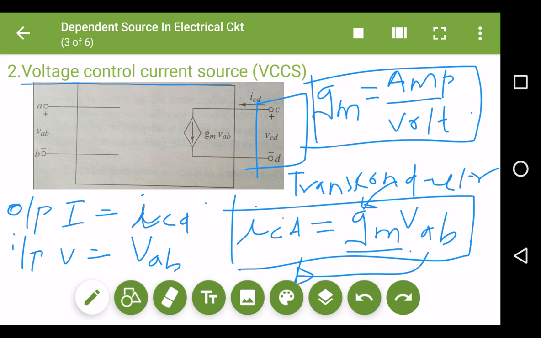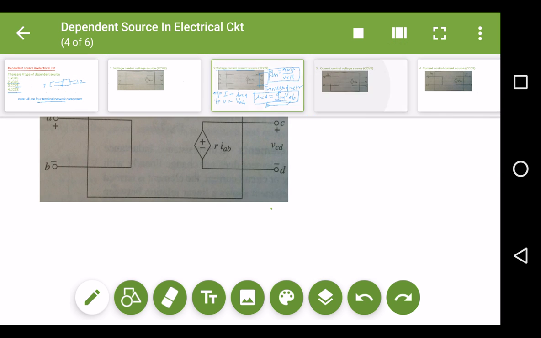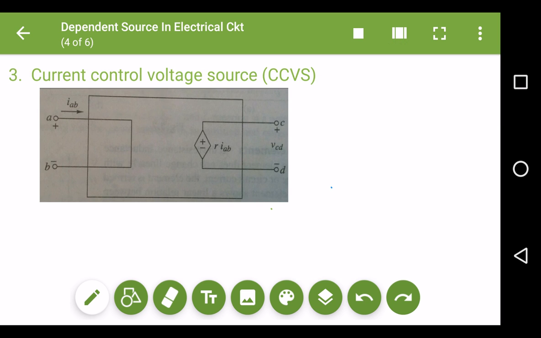The third one is the current controlled voltage source. As we have seen previously, the input signal was purposely a voltage. But in this one we will give the input signal as a current, and try to control the voltage at the output terminal.